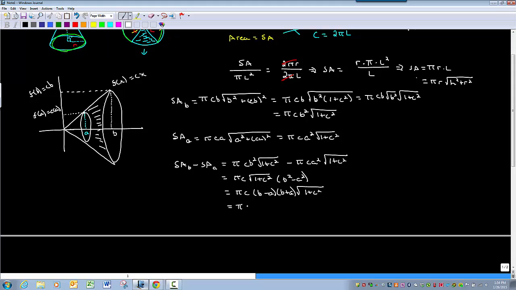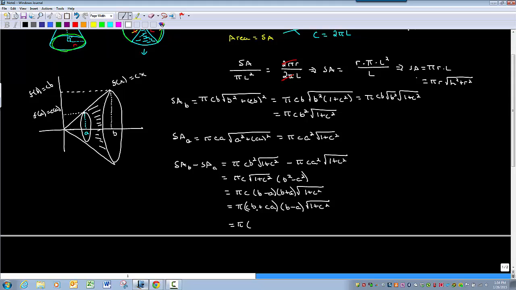This is going to be pi times cb plus ca, still multiplied by b minus a, like that. So I took this c and I multiplied it into these two, and then I get this. Now, why are we doing this?